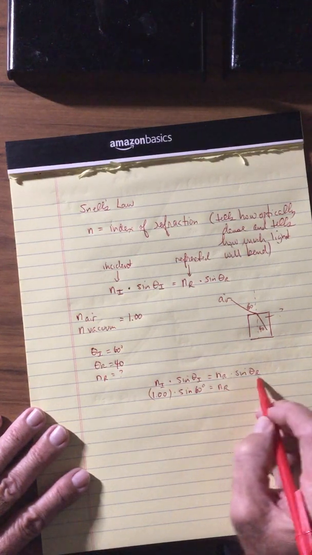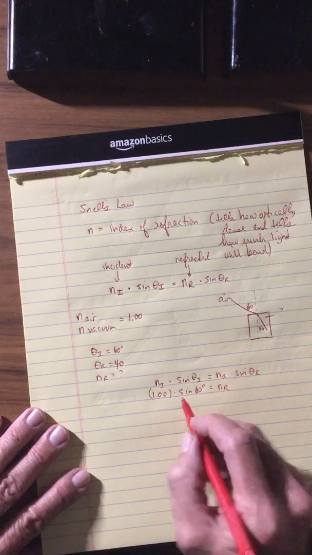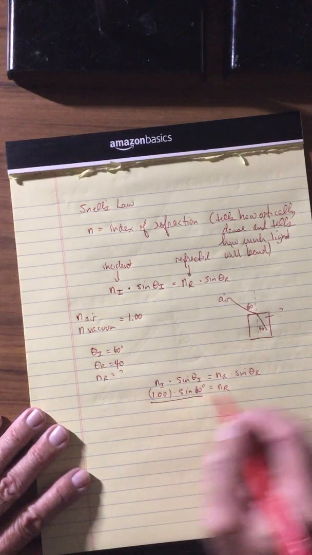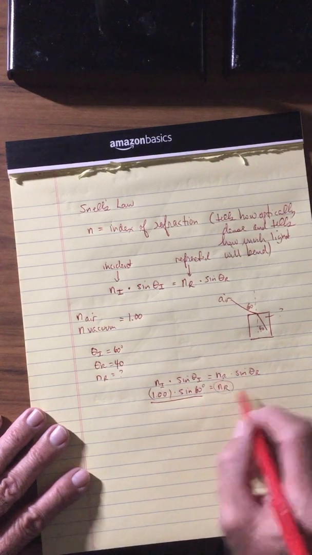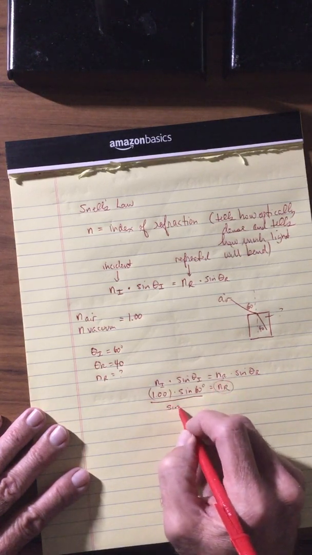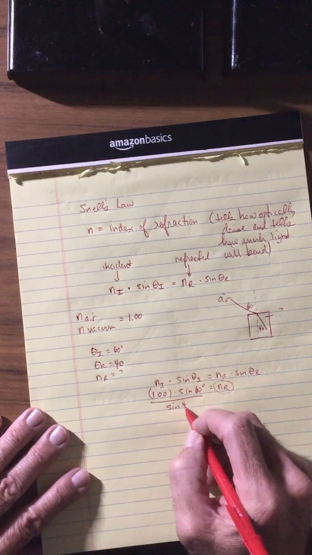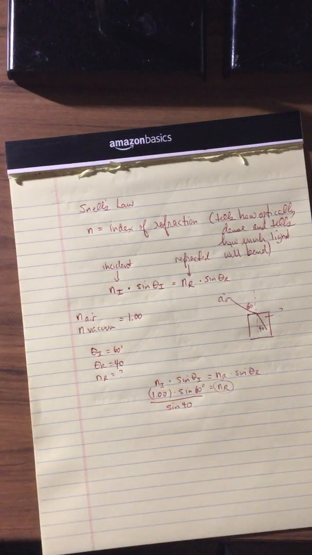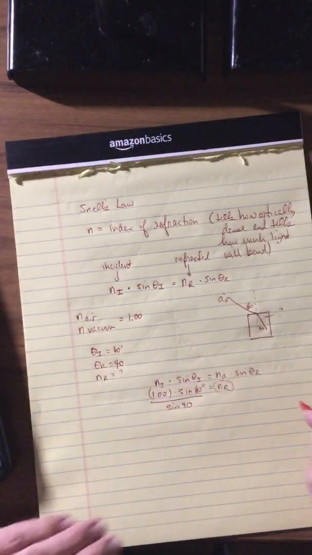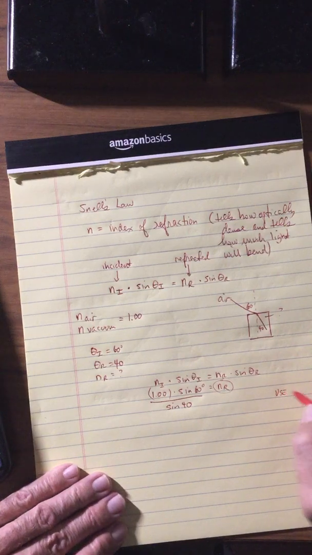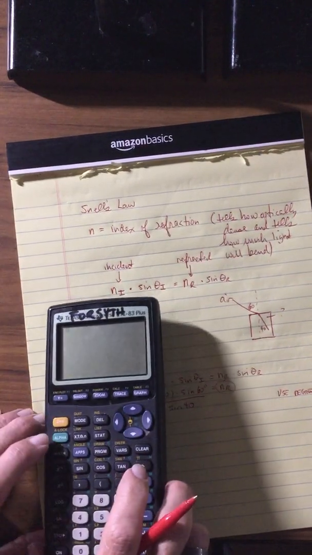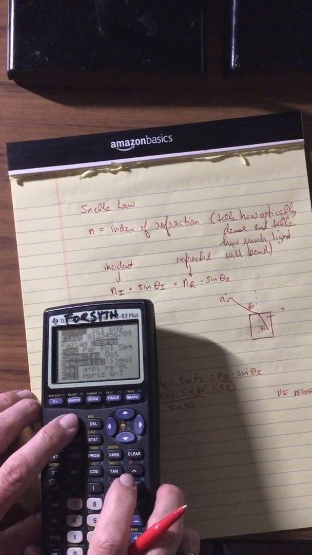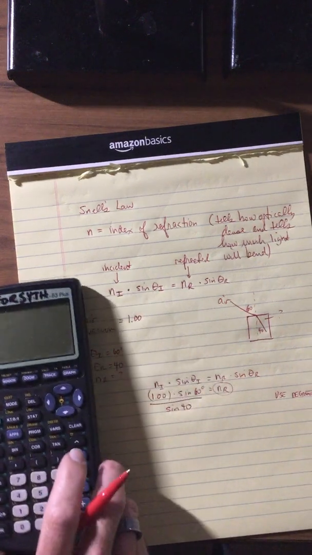And we actually need to divide both sides by the sine of this to get it all by itself. So if I divide by the sine of the refracted angle, it's the sine of 40. Now when you do this, make sure that your calculators are on degrees, not radians. Okay, I'm on degrees, and I can go ahead and do this problem now.